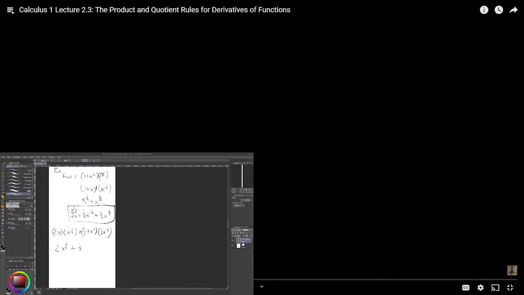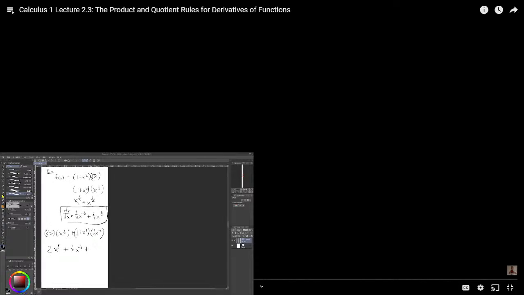Oh wait, what am I finding the derivative of here? Did I already find it? Yeah, I found this one, okay. Half x to the negative half, plus half x, one and a half, 3 halves.